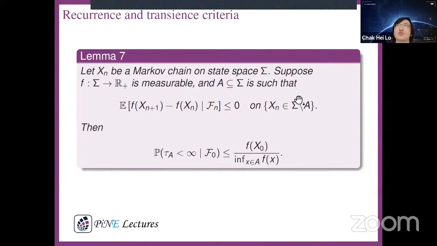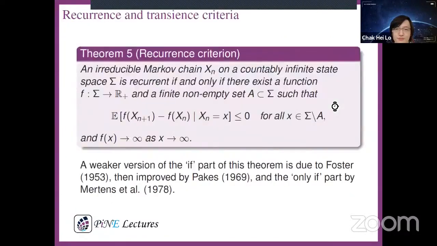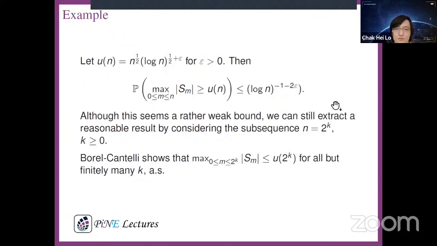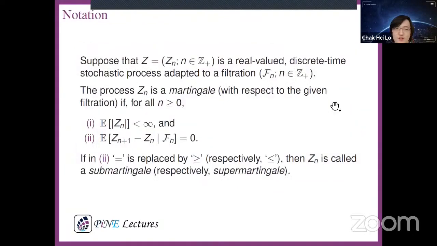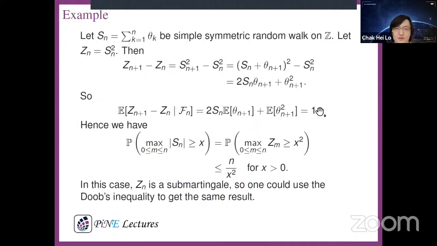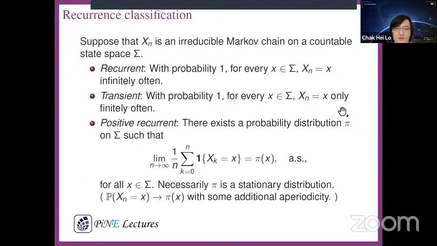So you have some extra condition here. If you go back to the first few slides, where you define irreducibility and aperiodicity, the third bullet has the probability of X_n converging to pi(x).